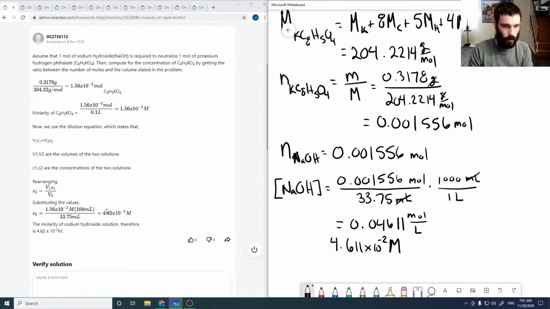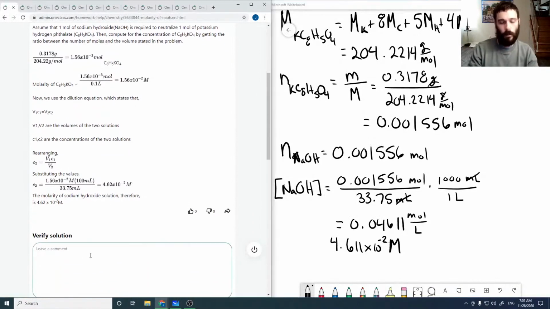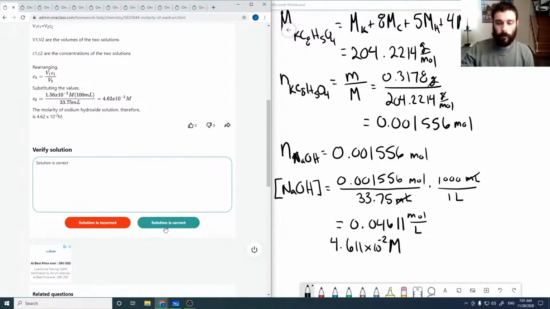And then using the ratios of the volumes, but it comes out to be the exact same. The solution is correct, just going by a concentration route as opposed to a molar route, but that's still correct.